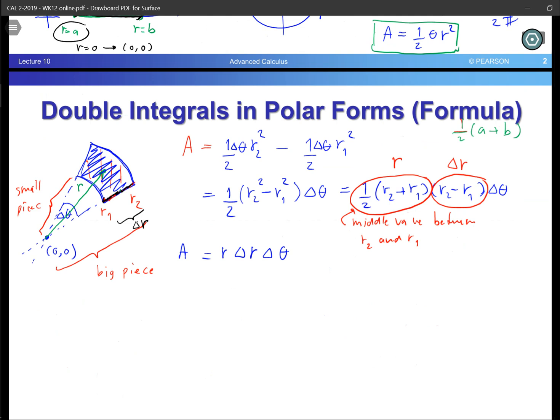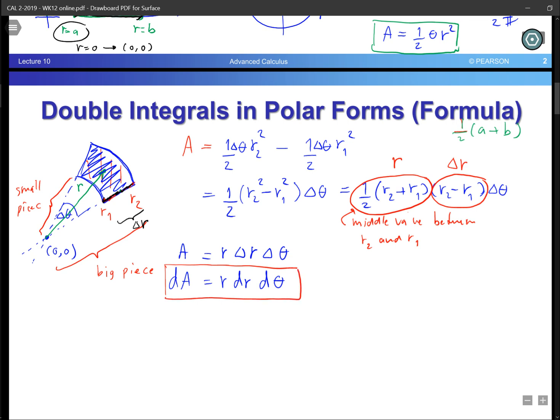I want this to be as small as possible. So this area becomes a differential area, which means that the delta r becomes so small, it becomes dr, right? And the delta theta becomes so small too, becomes d theta. And that's why we have this formula for dA in polar form. And that's why we have this extra r in our formula.